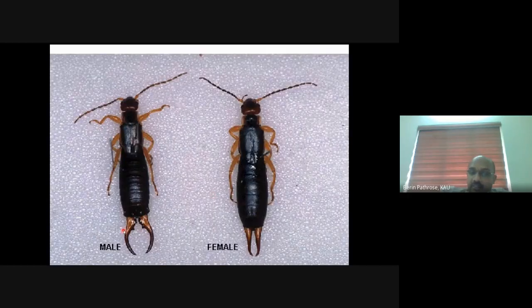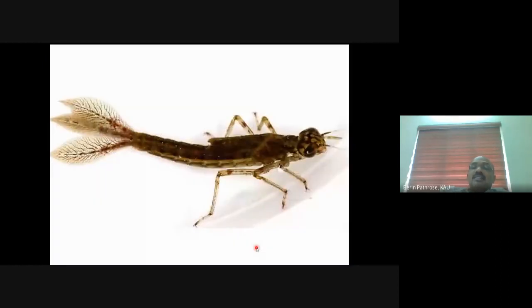This picture I have shown you in the cockroach, this is the cerci. This is in earwigs, where it is modified into a forceps-like structure. And this is the young one of a damselfly. This is aquatic in nature. You can see the two cerci over here. This is another structure that we call the median caudal filament, which we will discuss in the next slide.